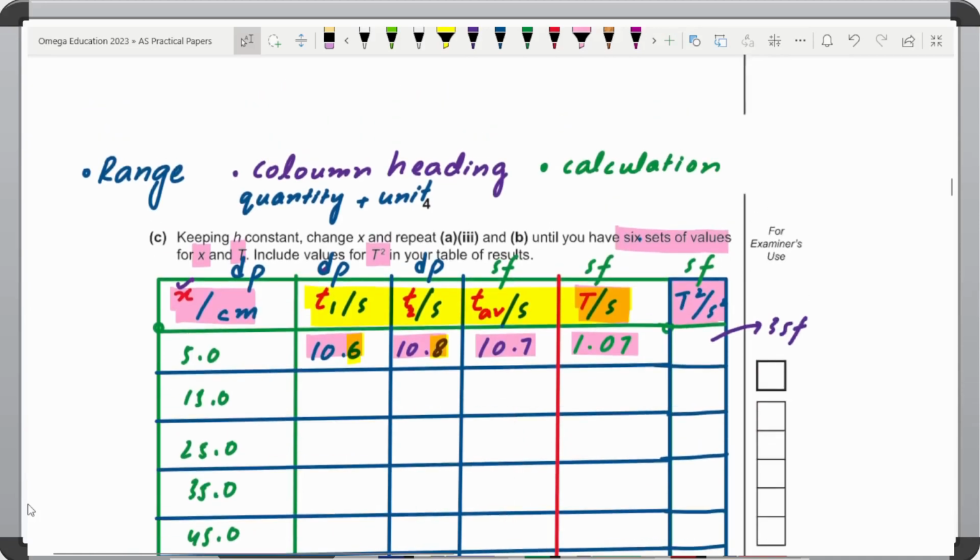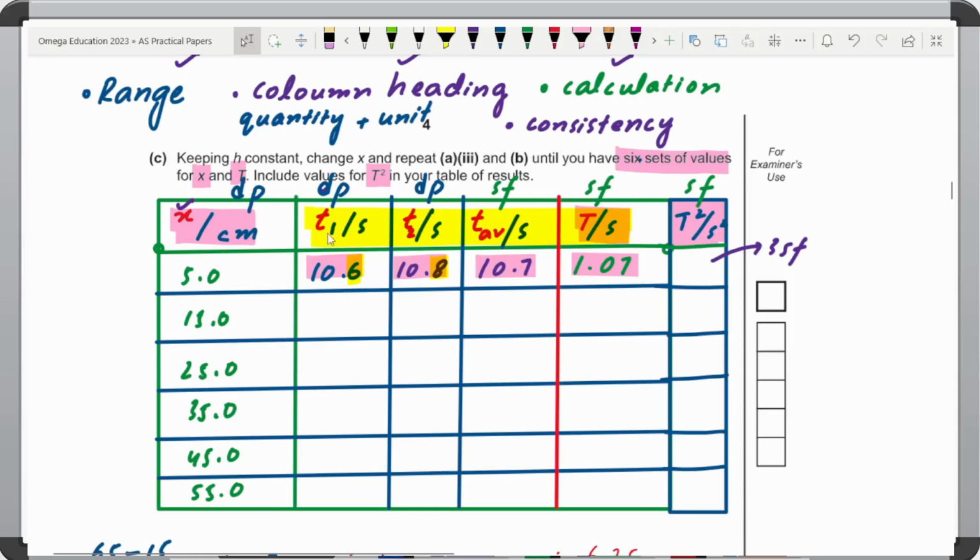So this is for the calculation. So you be careful with the range, be careful with the column headings, be careful with the calculation, be careful with the consistency, which I have explained already, that is be careful with the decimal places. Now the rule of thumb is all the readings down the column, since all of them would be taken through the same apparatus, the stopwatch in this case, should be to one decimal place.